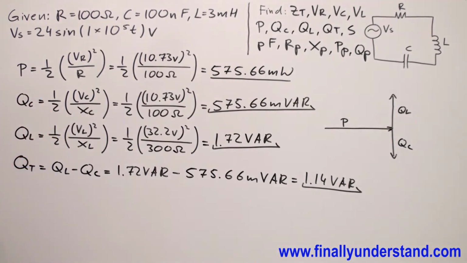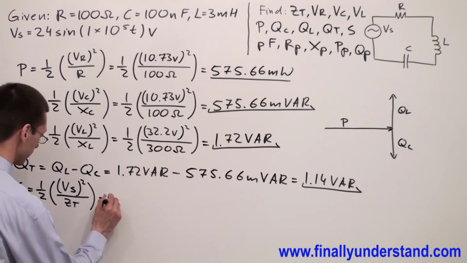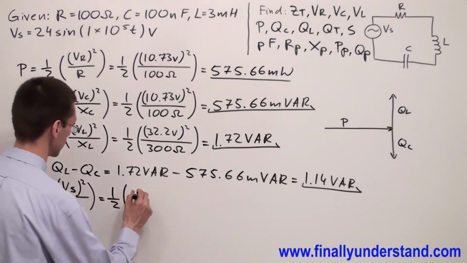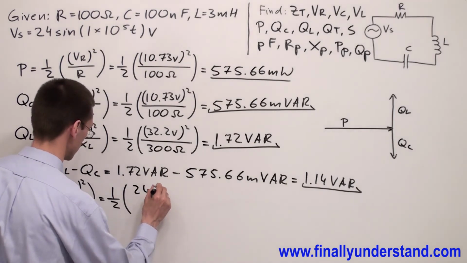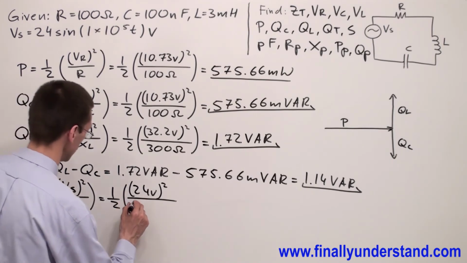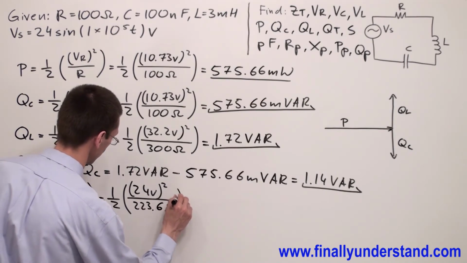Next, we're supposed to find the apparent power. S is equal to 1/2, and I have the voltage source raised to the second power over Z total, which is equal to 1/2, and I have the voltage source equals 24 volts raised to the second power over Z total, which is equal to 223.6 ohms.